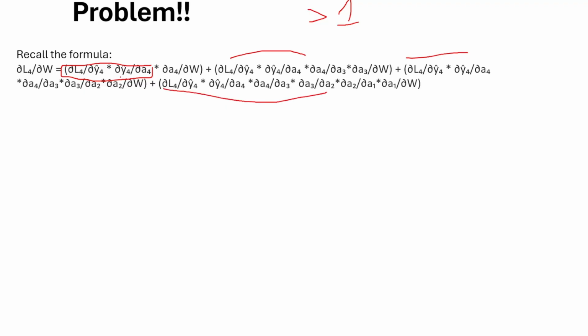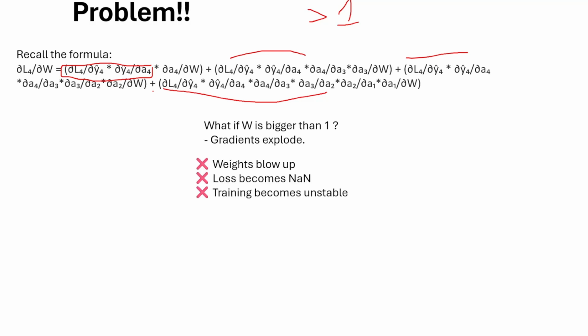This would lead to what we call the exploding gradient problem, where the gradients would be very big, the loss becomes NaN, and we say also that the weights would blow up and the training becomes unstable due to the very high values that we have. This is the exploding gradient problem.